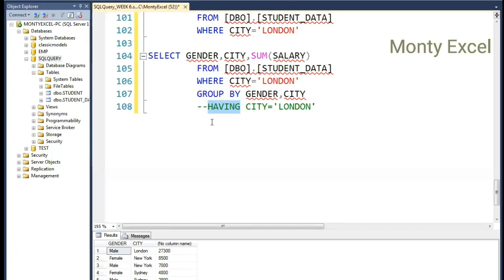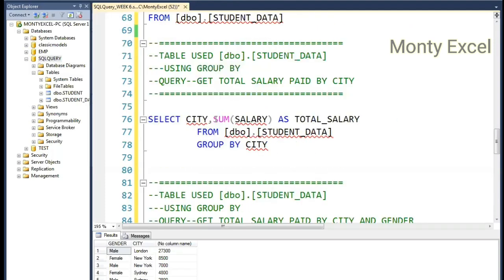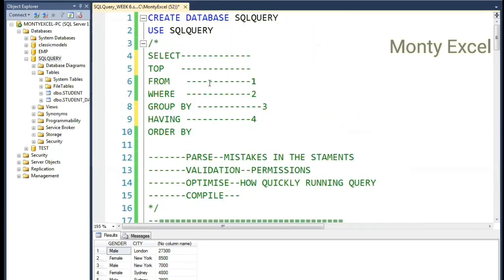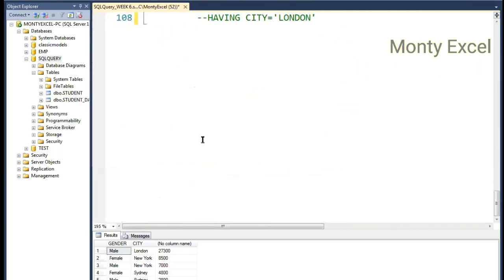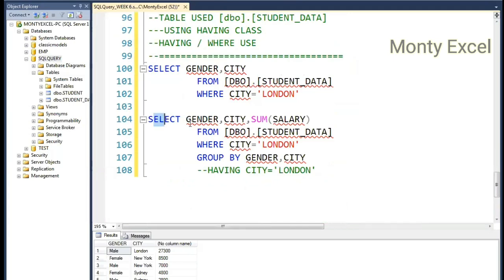This is the way I write, but actually the way the system understands is different. The order of execution is different from the way you write the query. This is our way of writing the query: select statement, from, where, group by, having, order by. That's the query you write.